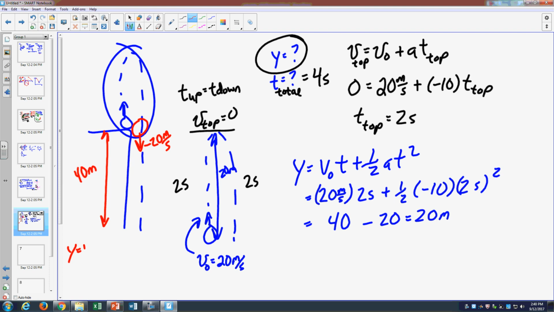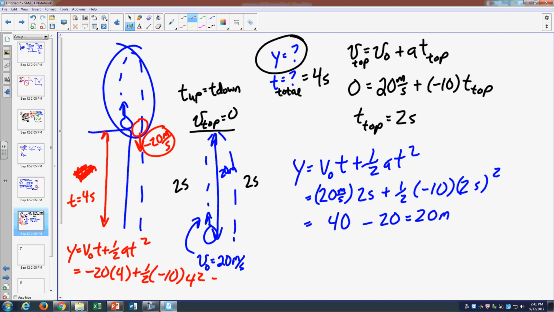Say y equals v naught t plus 1/2 a t squared. Let's say that instead of giving you the distance, I say that it takes, I don't know, 4 seconds to drop. Then you would say negative 20 times 4. Negative 20 is the initial velocity at that point. t is 4, plus 1/2 of negative 10 times 4 squared.